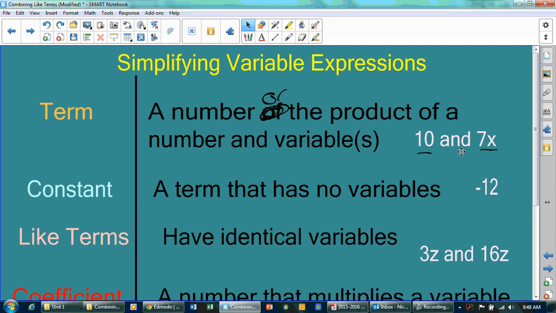Now, like terms, this is the important part. They have identical variables. Okay. Now, identical variables means not only are the variables the same, but they have the same exponent. So 3z and 16z are like terms. 5x squared and 2x squared are like terms.